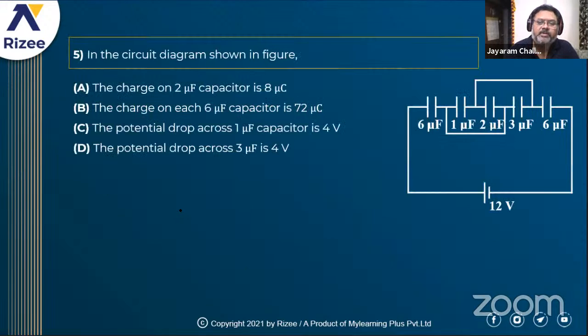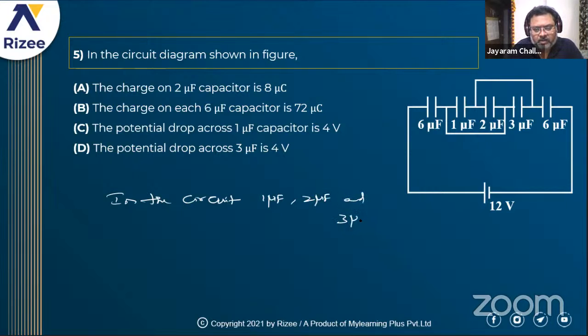So next question of ours is, in the circuit diagram shown in the figure. All these three are in parallel. Suppose I take the potential drops over here: 1 microfarad, 2 microfarad, and 3 microfarad are in parallel.